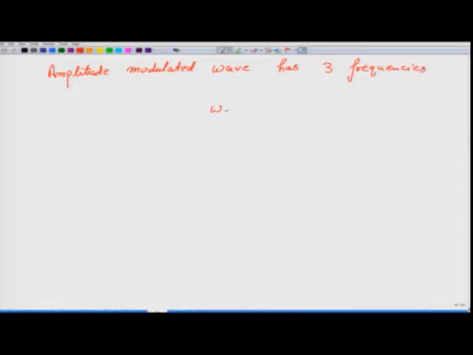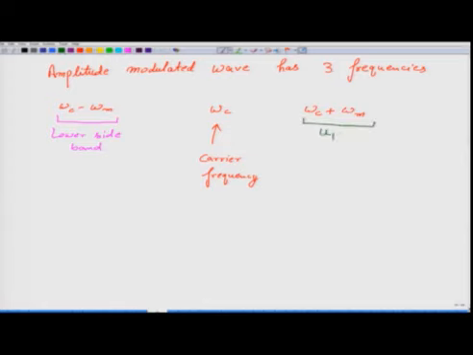One is omega c, that was our original carrier frequency. And a slightly increased frequency by an amount of the modulating frequency and a slightly reduced frequency by the same amount of omega m. So, this was the lower sideband and this was the upper sideband.